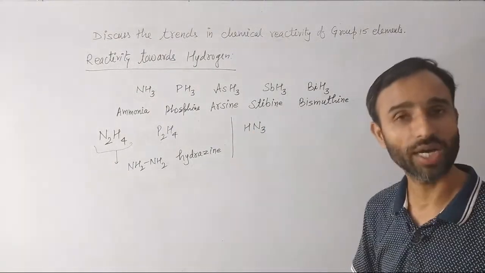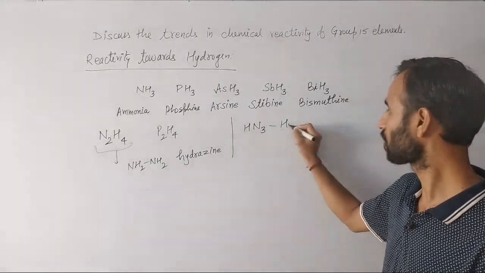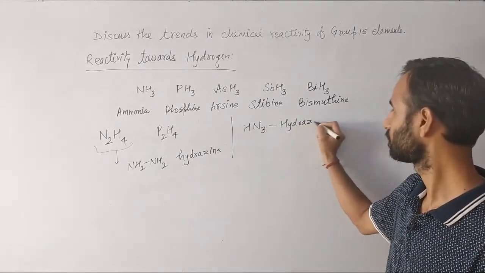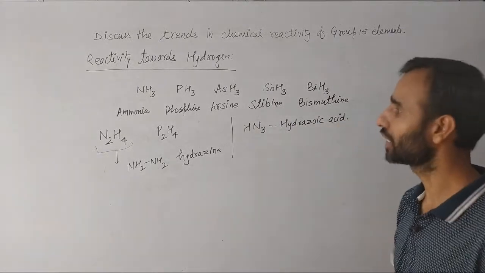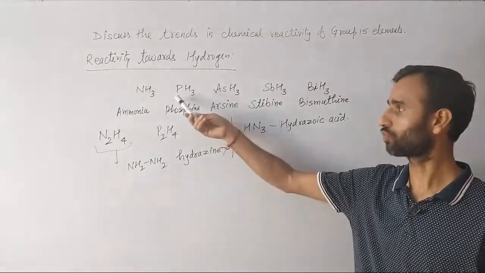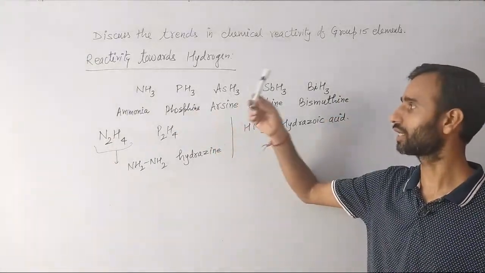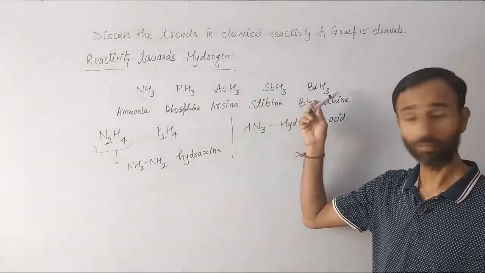This is a special class of hydride. This is called hydrazoic acid. So nitrogen can form NH3, phosphorus PH3, arsenic AsH3, antimony SbH3, and bismuth BiH3.